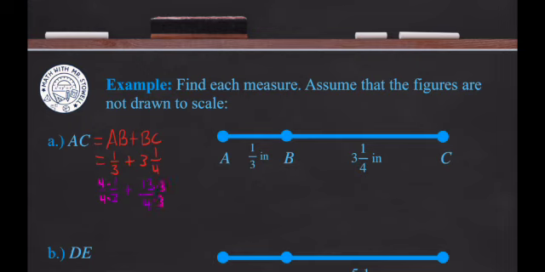Remember, whatever you do to the bottom of the fraction, we have to do to the top. So we end up with 4/12 plus 3 times 13, which is 39/12. Adding those together, 4 plus 39 is 43/12.